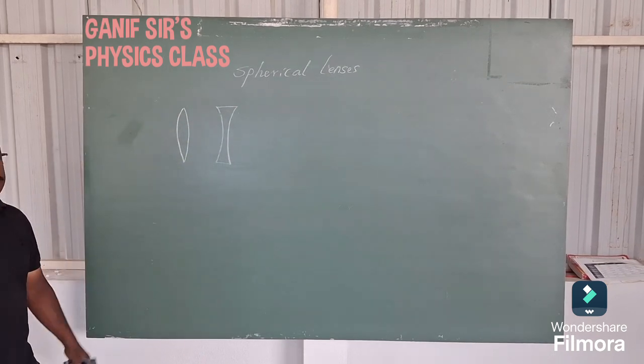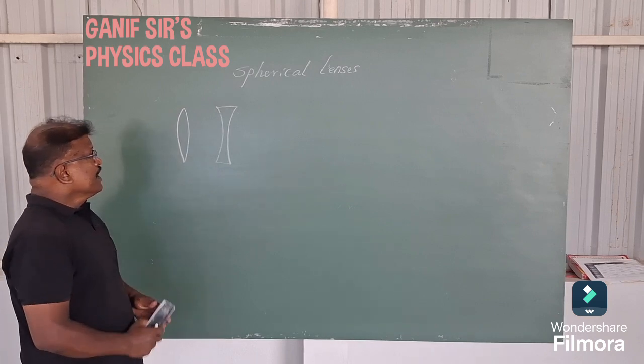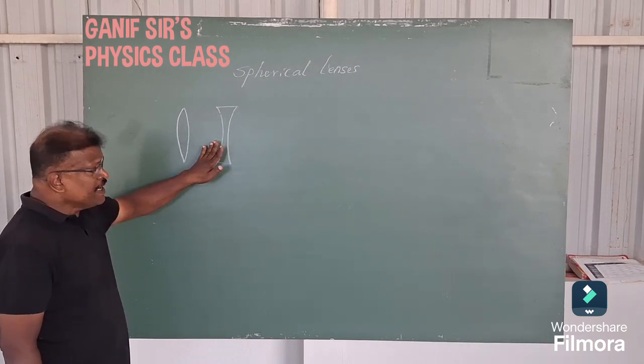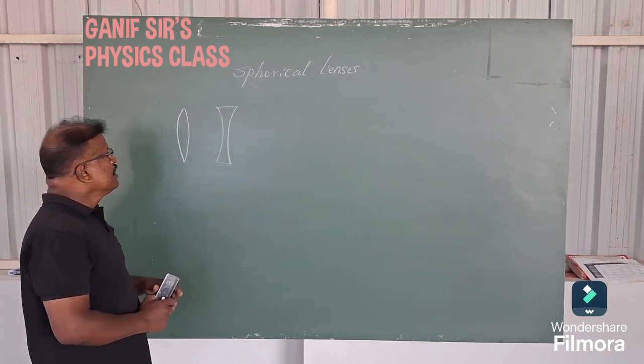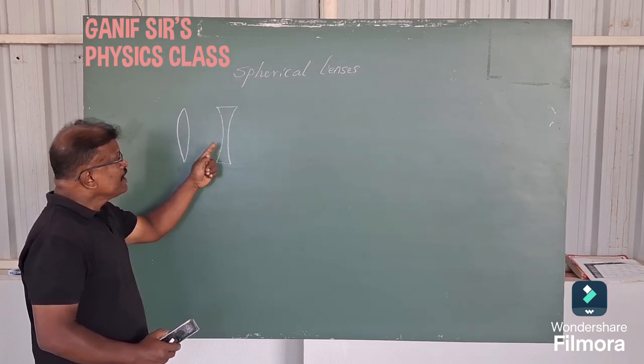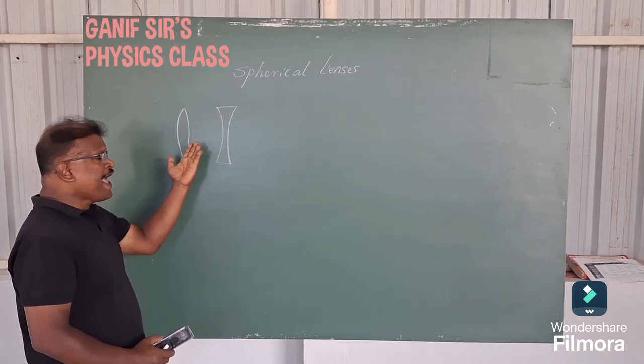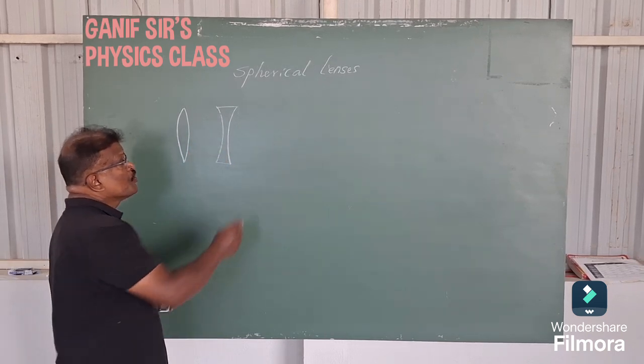See, it means a lens is any transparent medium. It should be bounded by at least one curved surface, which means it may have two curved surfaces also.